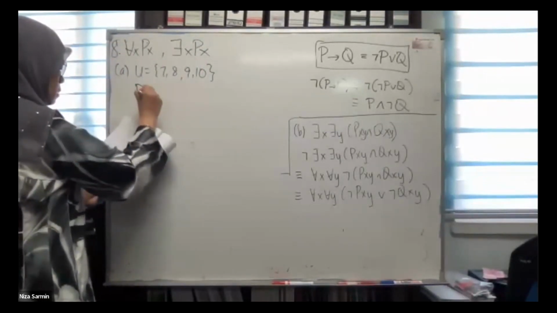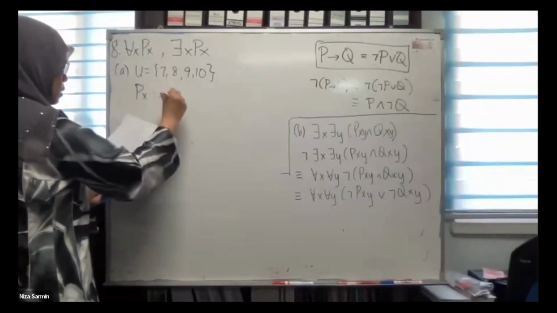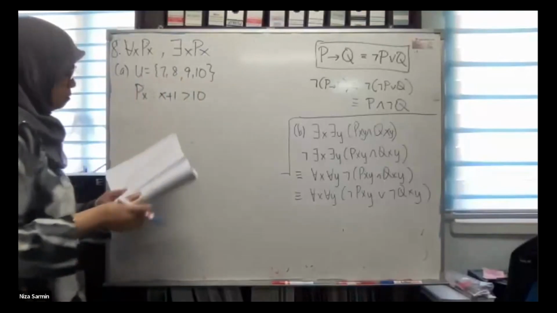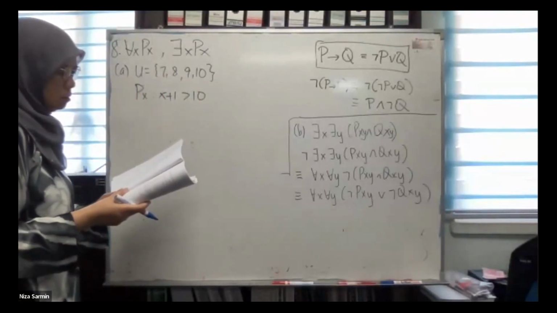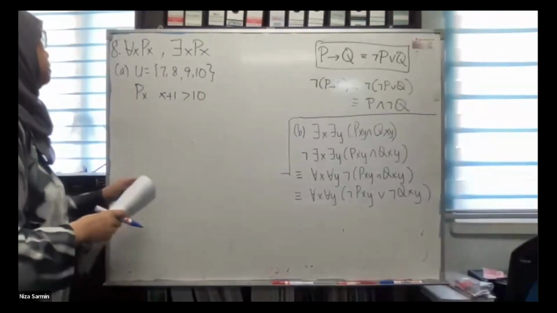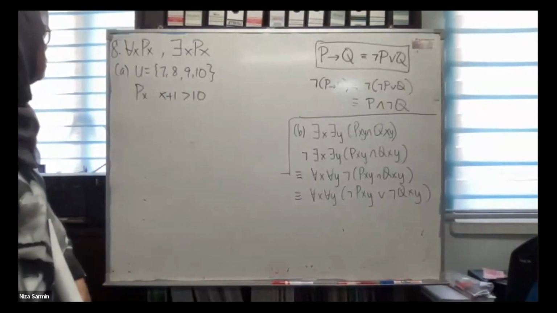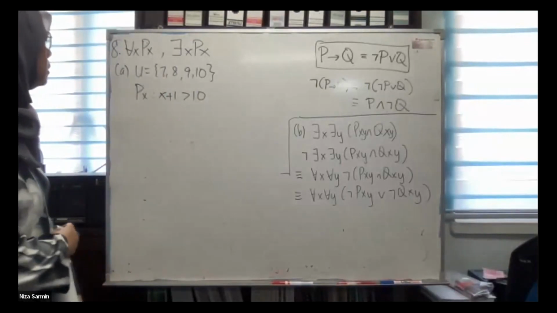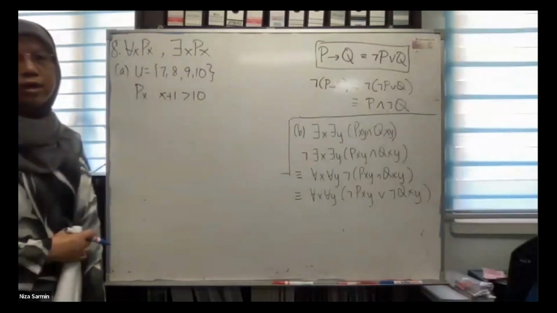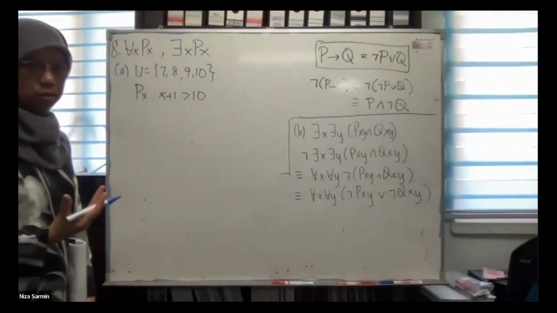Px is x plus 1 bigger than 10. Okay. It's easy to write in a truth table.